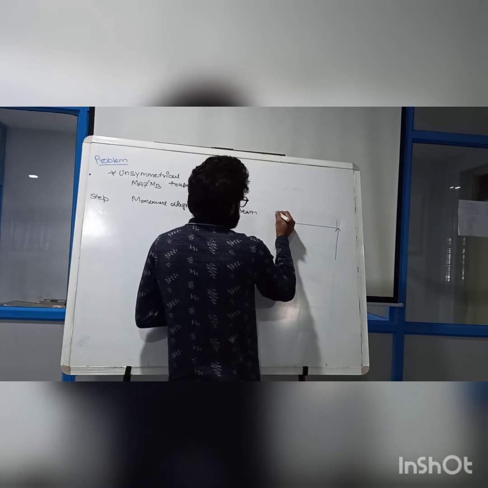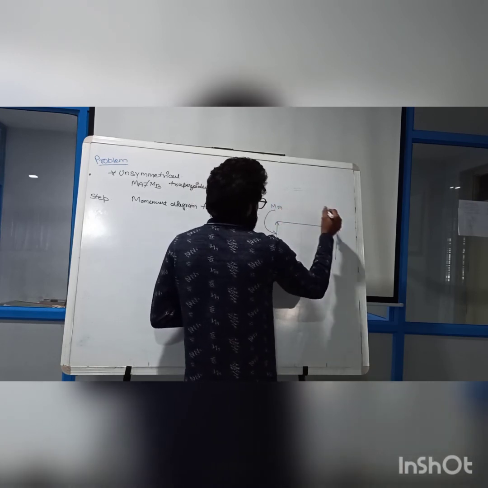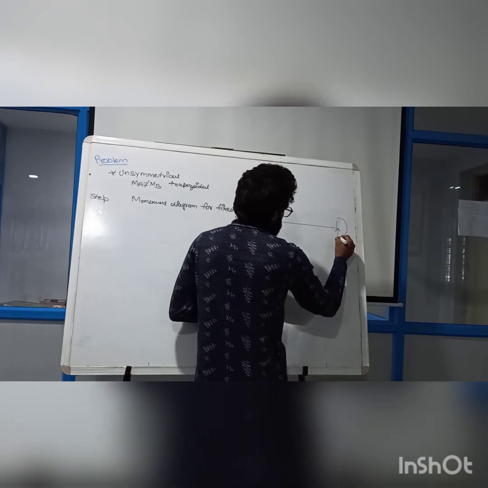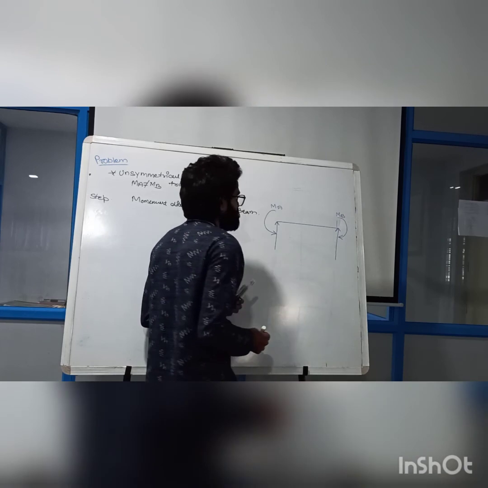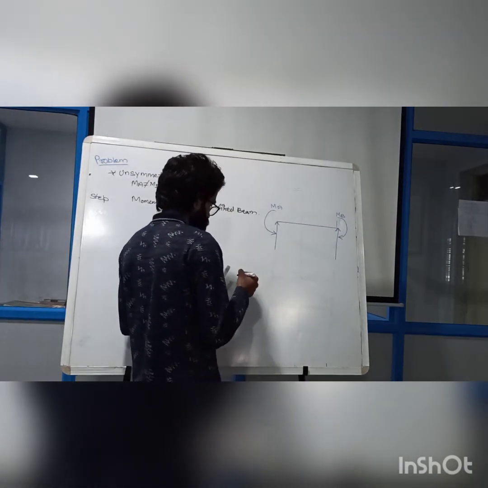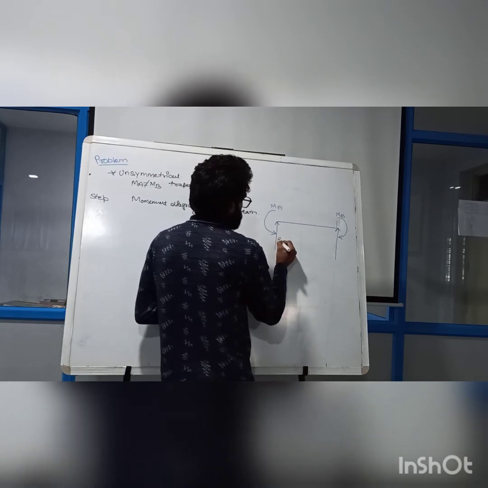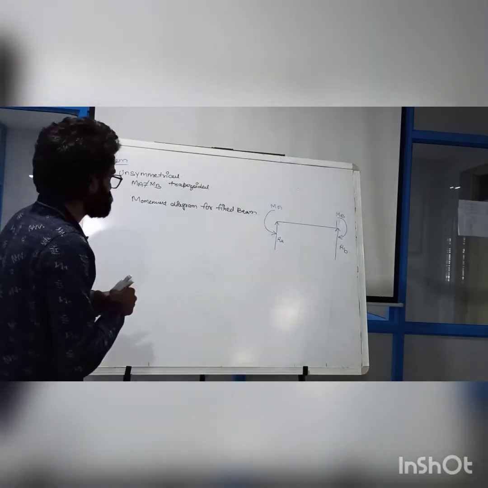So this is the fixed beam. I am going to get MA from here, and here I am going to get MB. So MA, MB I am getting over here, and this is R small a, you can say, and R small b. So let us solve this question.